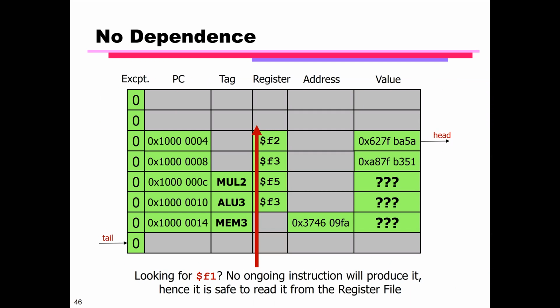But the point is, if I have a new instruction that says I need F1 as one of the values, I can go and look if any of the instructions that have not yet committed their value in the register file writes in F1. And if I see that nobody is writing in F1, it means that I have no dependency from any of the instructions still in my processor, so it's safe to read the register file.